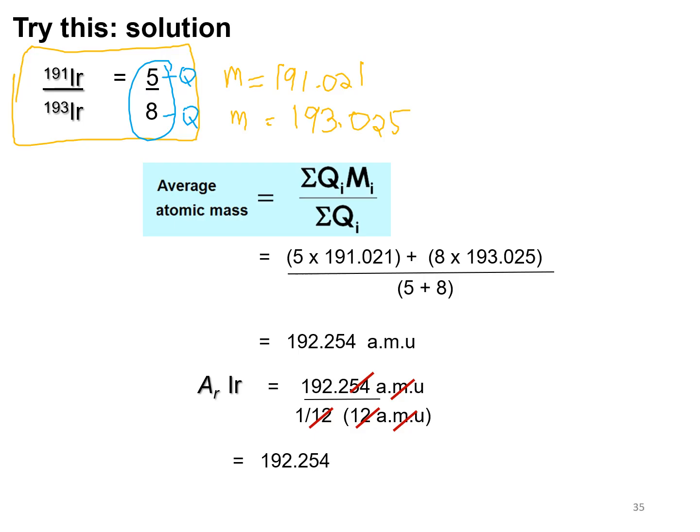Okay. So again, remember the equation for average atomic mass, which is summation of KiMi bagi dengan summation of Ki. So you masukkanlah Q kalikan dengan M untuk 191Ir. Okay. So if you look at here, this is Q kalikan dengan M untuk 191Ir. Manakala di sebelah ni adalah Q kalikan dengan M untuk 193Ir. Okay.